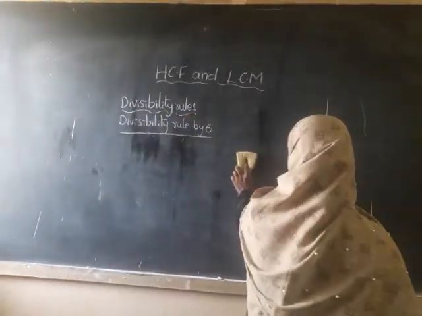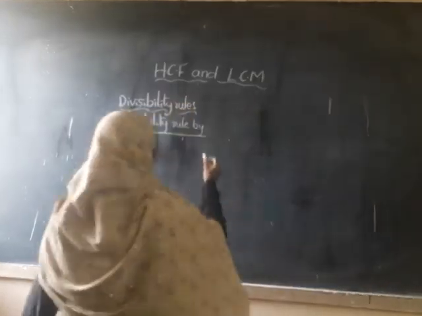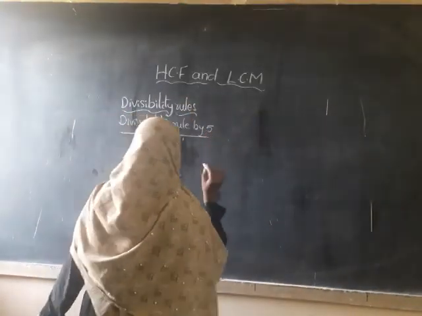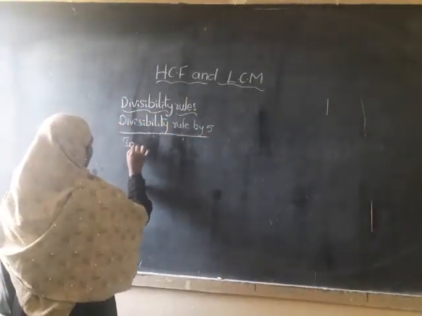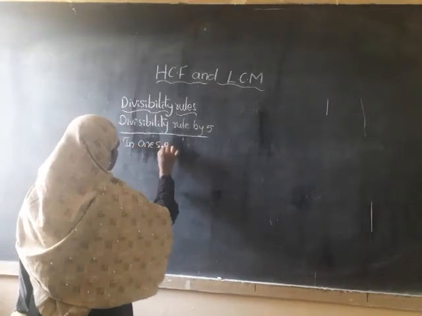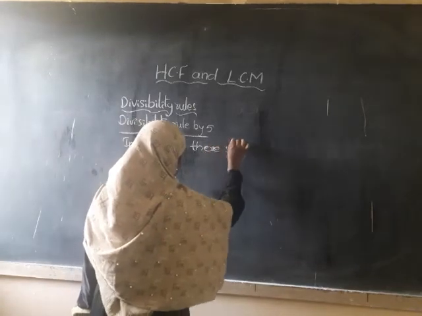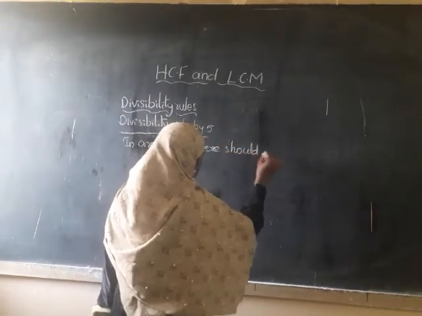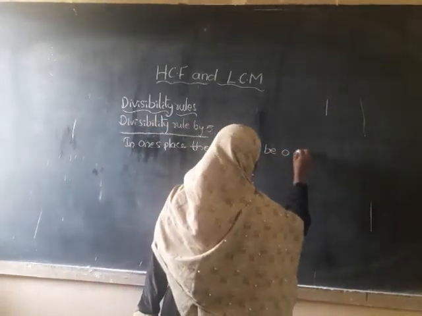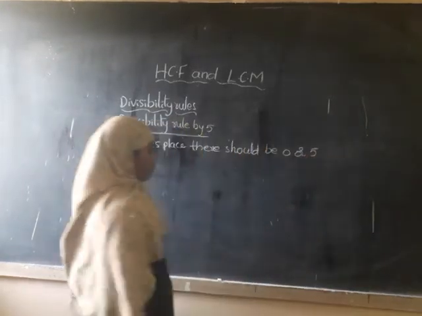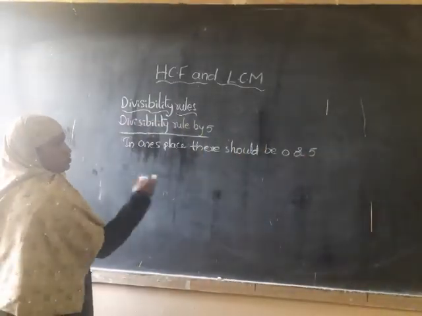Next, divisibility rule by 5. In one's place there should be 0 or 5.